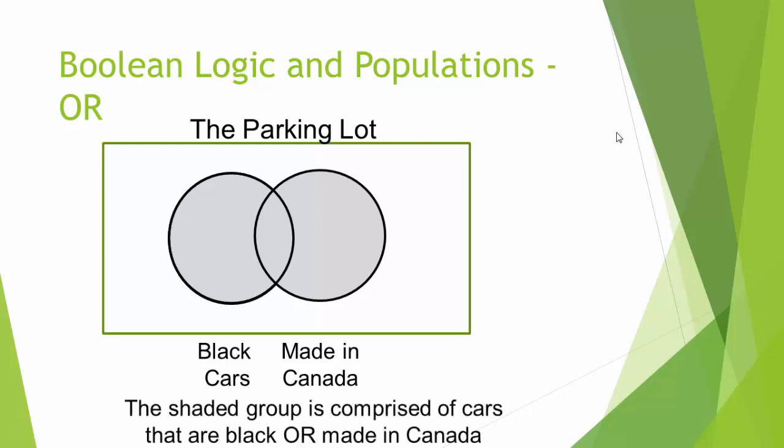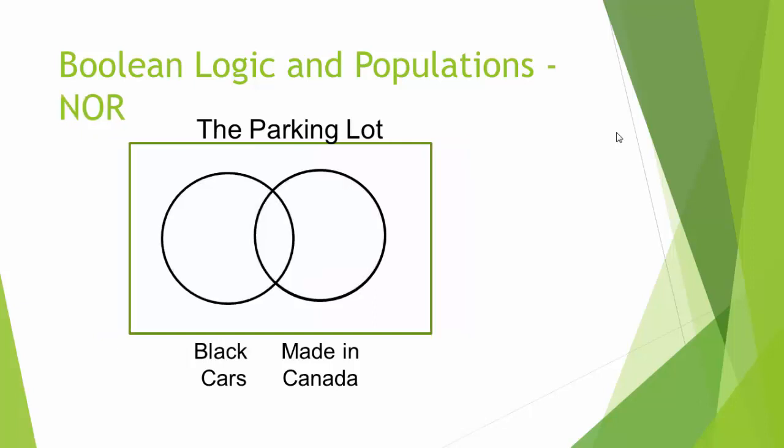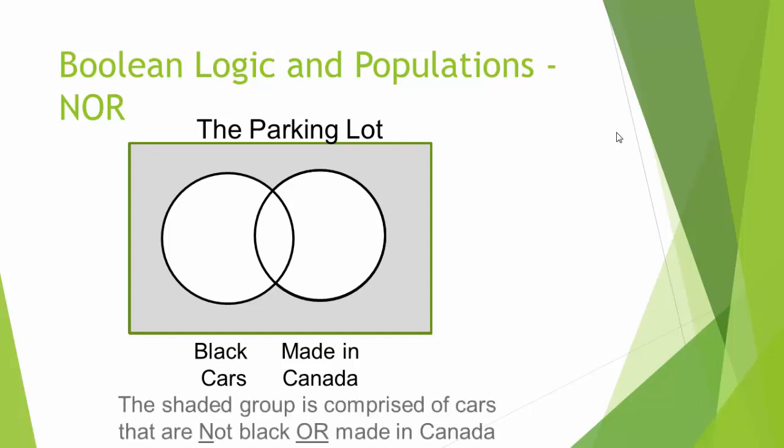So the shaded group then is representing where that operation fits. We can also look at NOT OR. So if we look in those terms, we can say, what about the cars that are neither black nor made in Canada? And in fact, it's all the ones that we don't count.